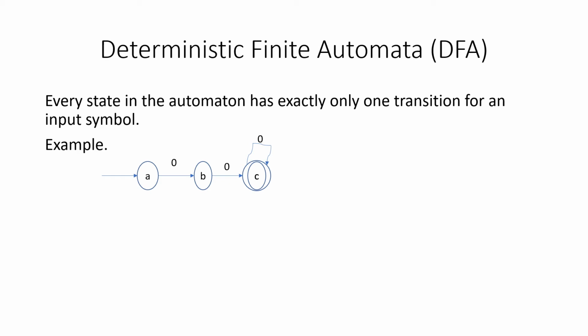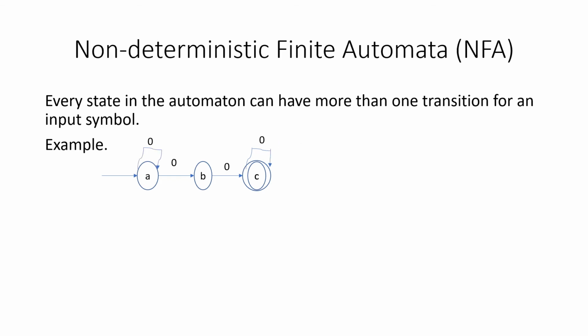Similarly, there is a transition from state B to C on the input symbol 0. From state C on the input symbol 0, there is a self transition. It means that it starts from C and ends in C. So when we observe this diagram, there is exactly one transition for the input symbol 0 from every state of the automaton. When this property is satisfied, we call that finite automaton a deterministic finite automaton.